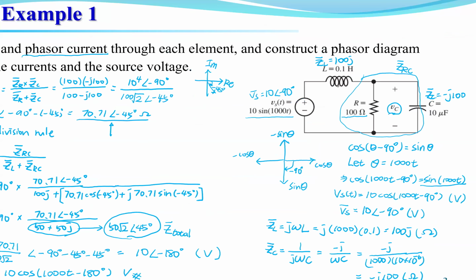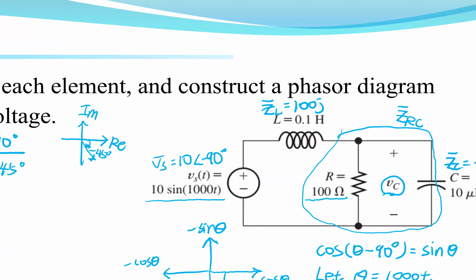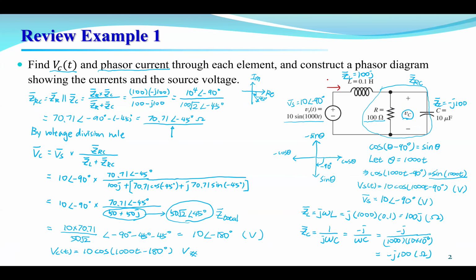I define this as I, sorry. So this is I, using phasors, and I also want to find IR and IC. So I should be Vs divided by Z total, right?